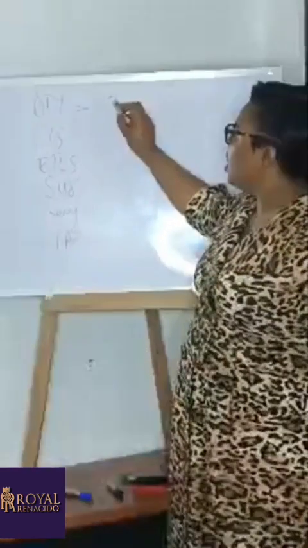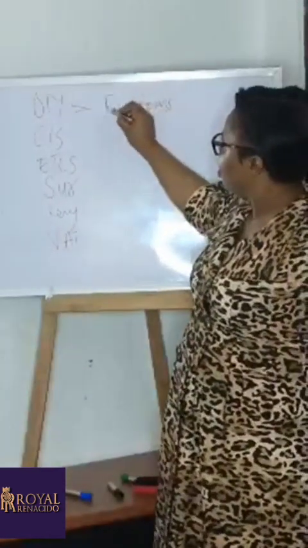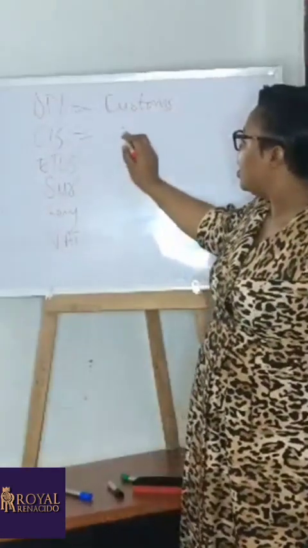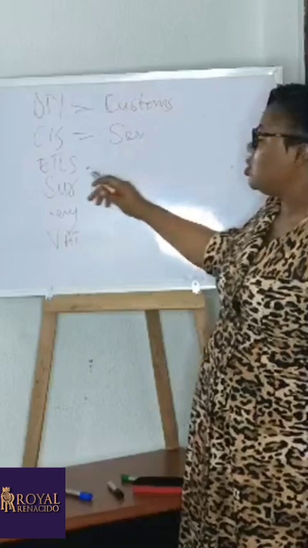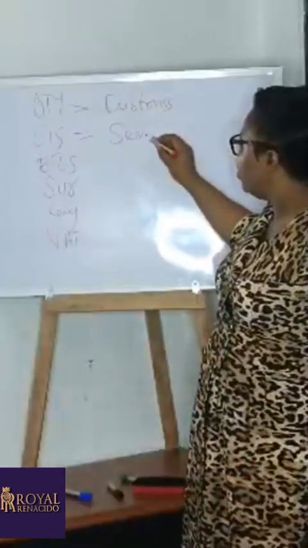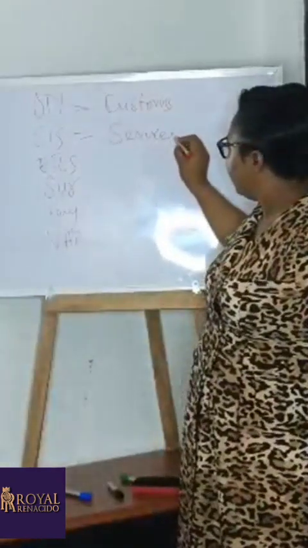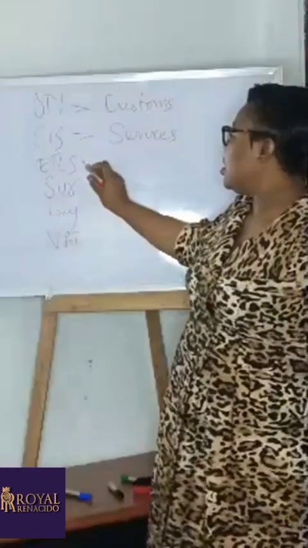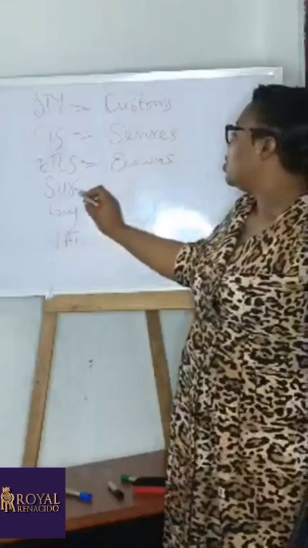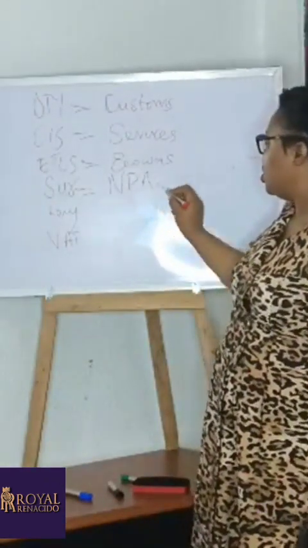This duty goes directly to customs. This CIS, which is called Comprehensive Inspection Service, goes directly to the service provider. ETLS goes directly to ECOWAS. Surcharge goes directly to NPA, which is the Nigerian Port Authority.